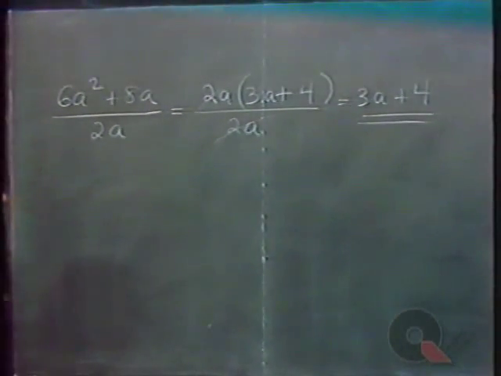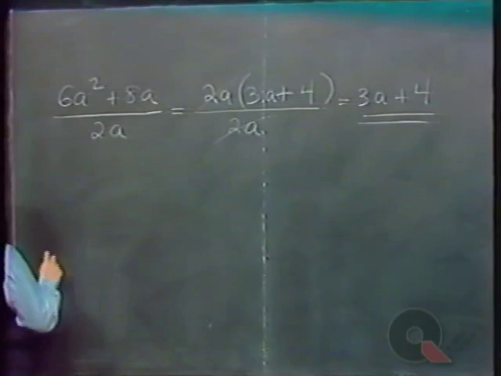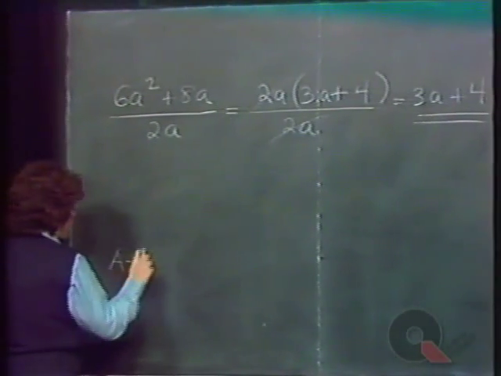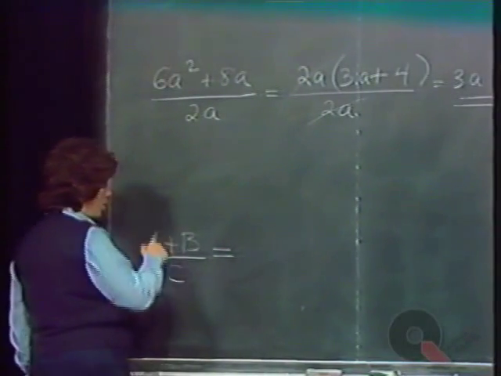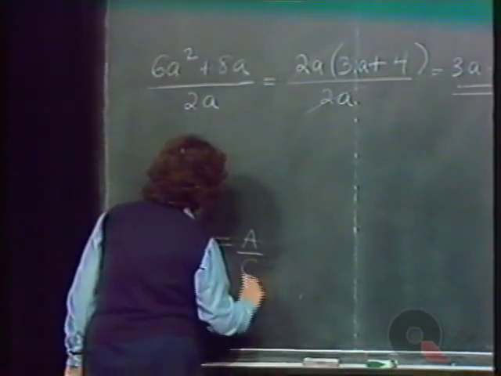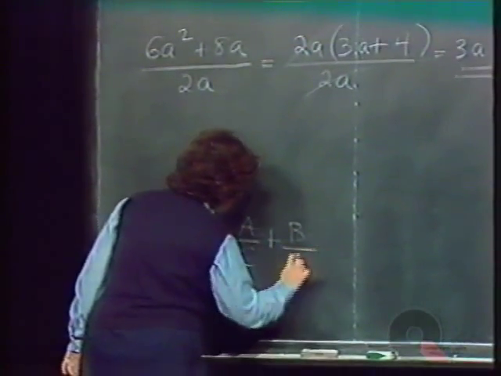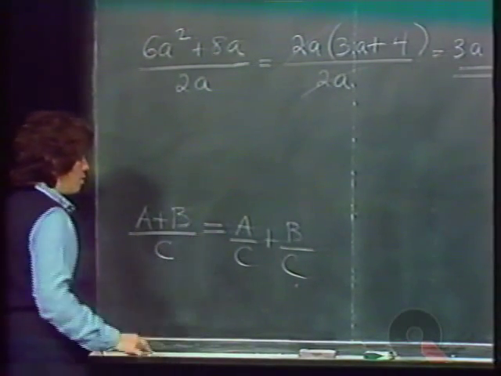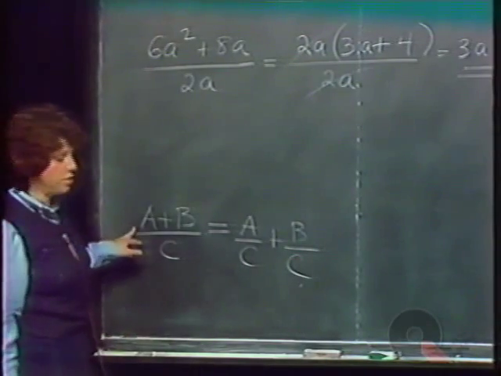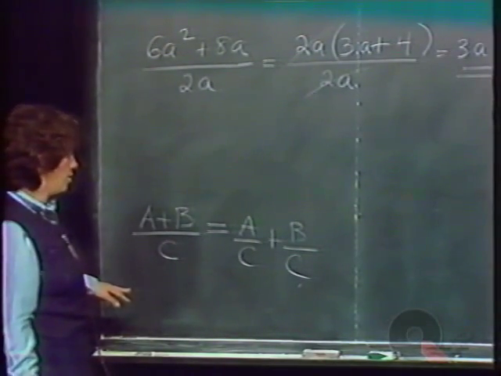This is one way to do it. Another way is to make use of the fact that when you have a bunch of terms in the numerator over a common denominator, you can break them up and put each term in the numerator over the same denominator. That is, a plus b over c is a over c plus b over c. You can only break up numerators in this fashion, not denominators.